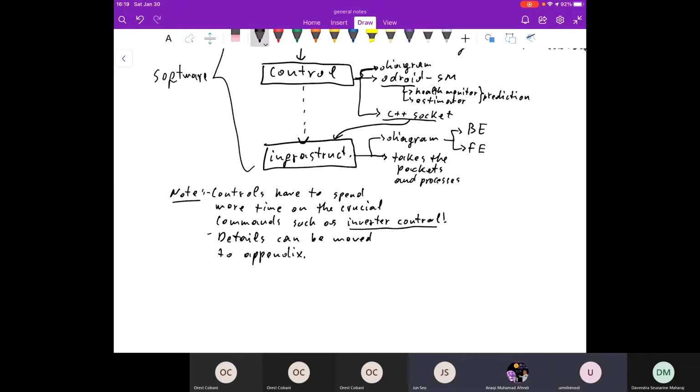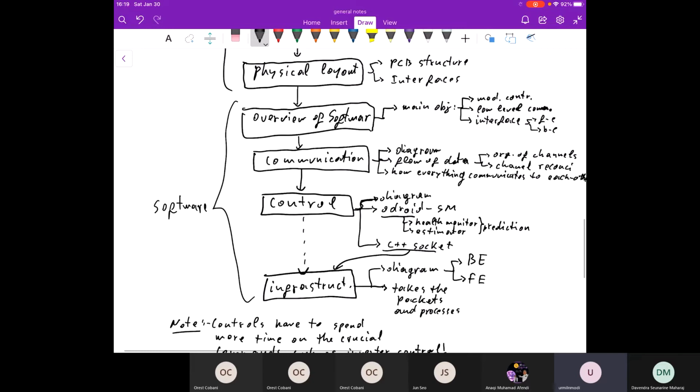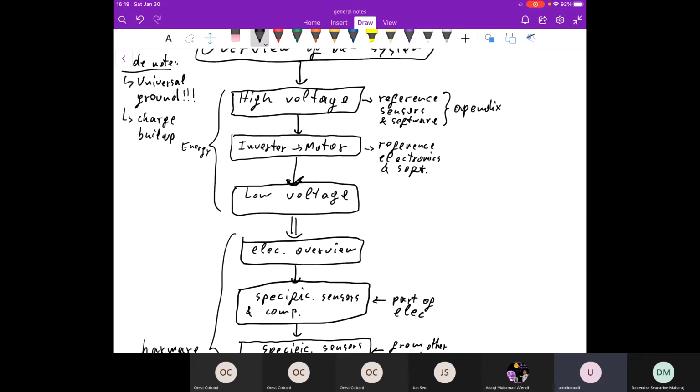One thing we could possibly do is move details to the appendix. What I've been thinking for a while is that energy systems can go over just high voltage and low voltage, and electronics can go over their stuff in general. Each system talks about their own part, and then we talk about the motor and inverter together.